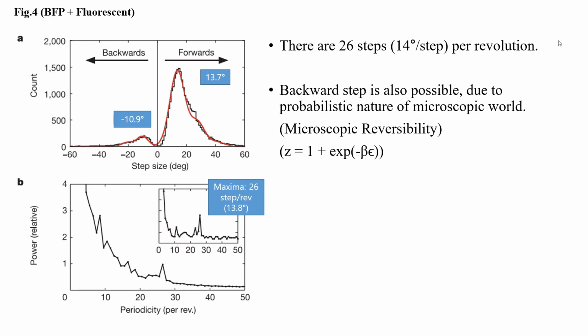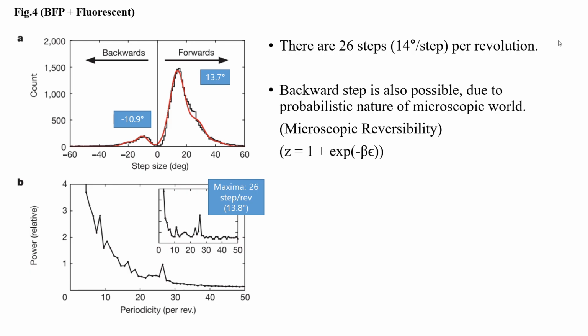This does not mean that the motor switches from counterclockwise rotation to clockwise rotation, or running mode to tumbling mode. Because the CheY protein is deleted for the experiment, the motor does not undergo switching.